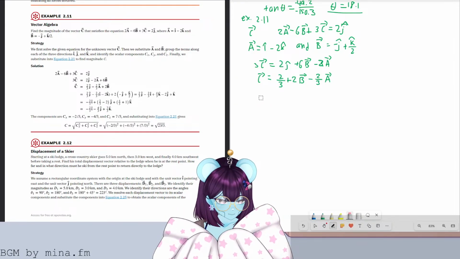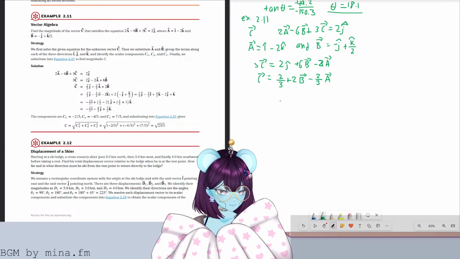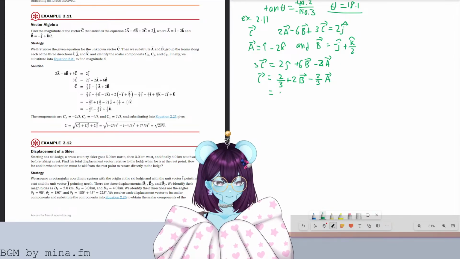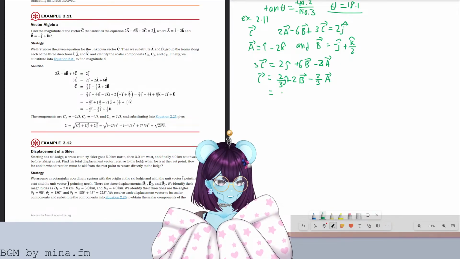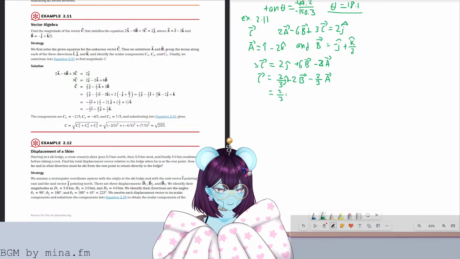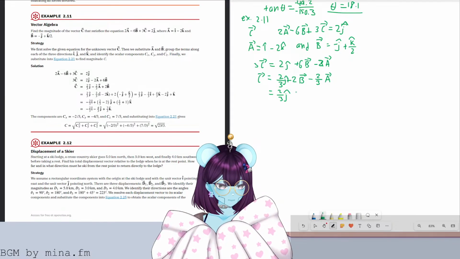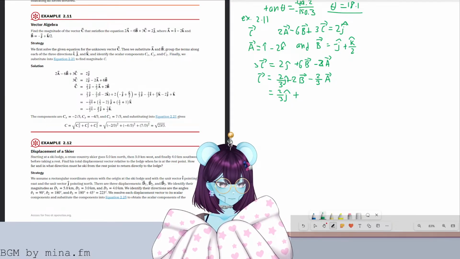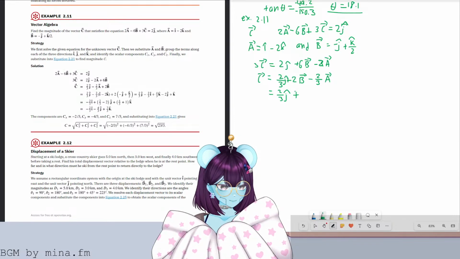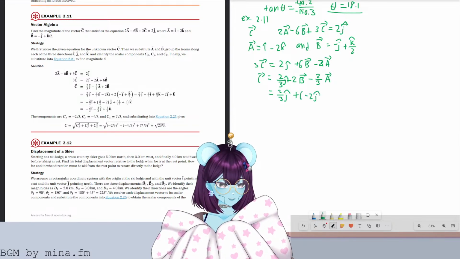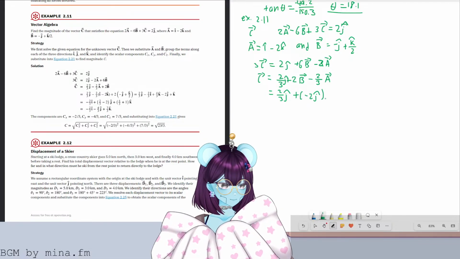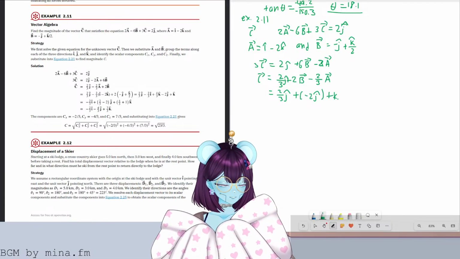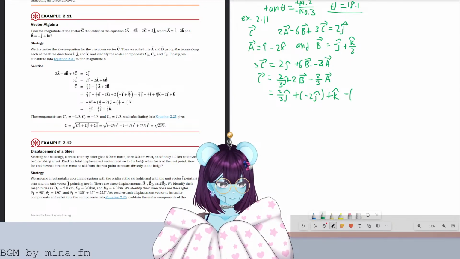I'm just gonna write it like this. Like that. And that should be a j hat, 2 over 3 j hat plus 2b. So I'm going to combine a lot of steps into one, which means we get negative 2 j hat plus k hat minus a.